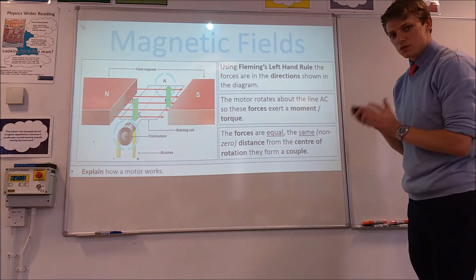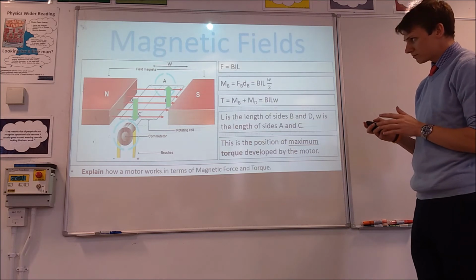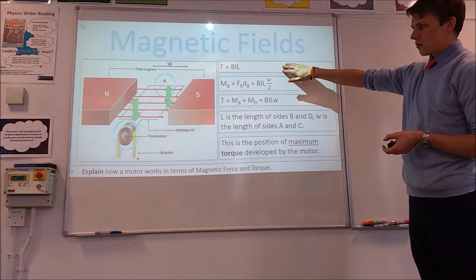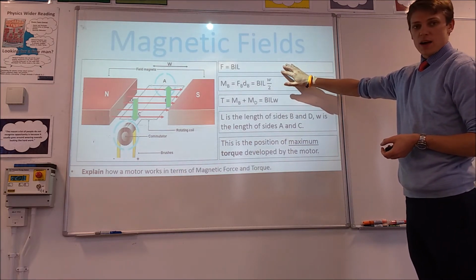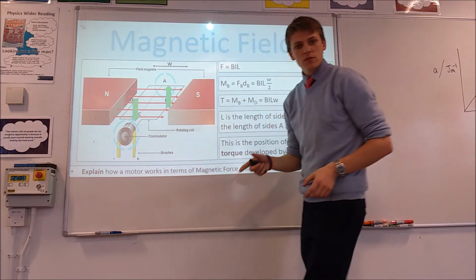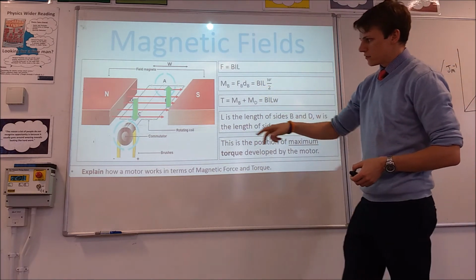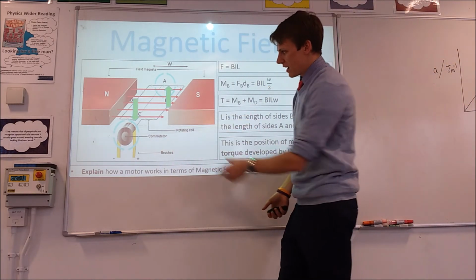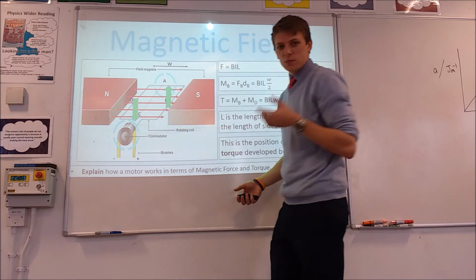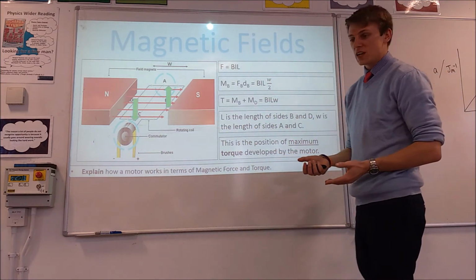So let's actually do some calculations to see what the magnitude of that torque or moment will be. So we know the force on B and D is going to be BIL. And if I call length A and C W, because it's like the width of your coil, what we can see is the moment of the force on B is going to be BIL times W over 2, because that's the perpendicular distance from the force to the point of rotation.